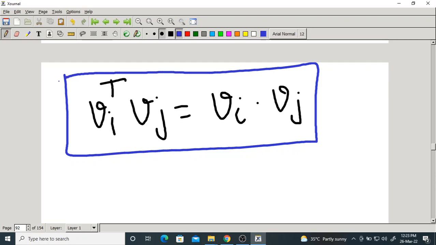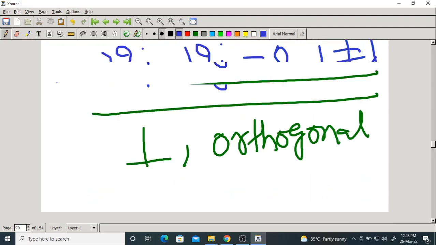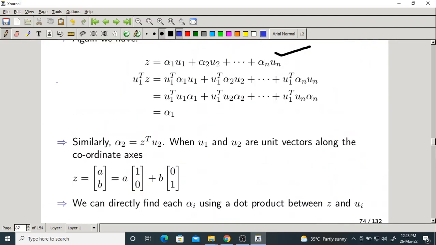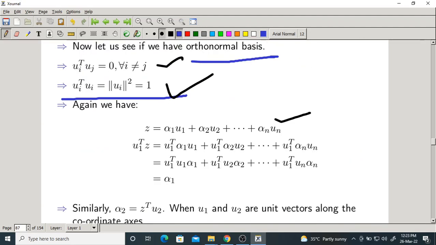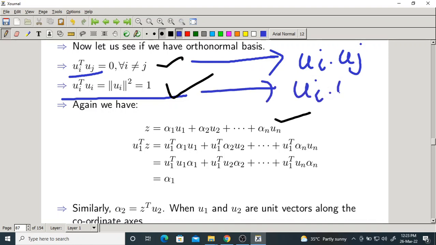This has to be noted. So here I am using the transposition formula instead of the dot product. The first one says Ui dot Uj. The second one indicates Ui dot Ui, the dot product of the same vector, otherwise a dot product of a signal with itself.